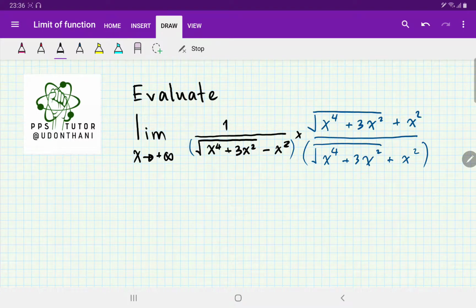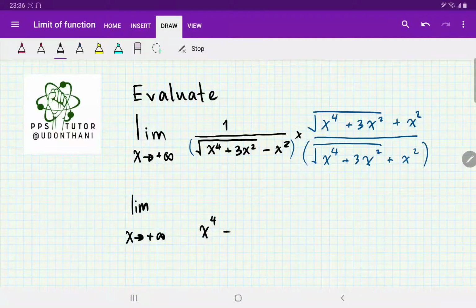So we have the limit as x goes to plus infinity, where the denominator is x power 4 plus 3x squared, and the last term is minus x power 4.